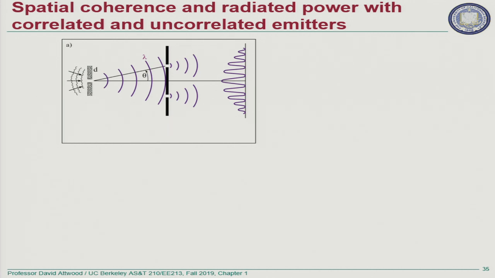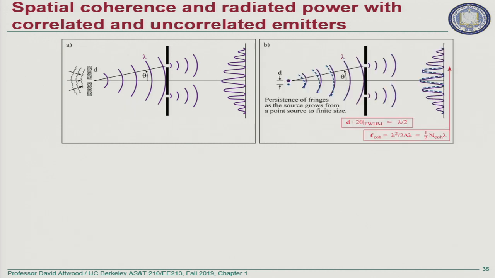So for the spatial coherence, if we have two points that are moving further apart, these are the conditions in red for full coherence, essentially. The lower equation is pretty easy to interpret.